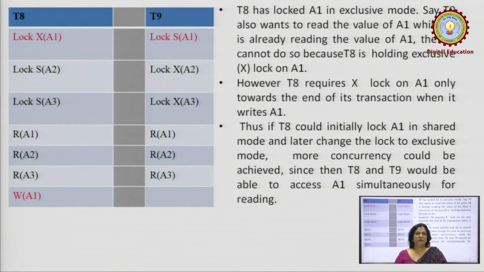Let us see why we may need lock conversions. In this example, we see that T8 has locked the data item A1 in the exclusive mode. In the meantime, the transaction T9 is also requesting A1 in the shared mode, but since it is already locked in the exclusive mode by T8, it cannot get access to it.